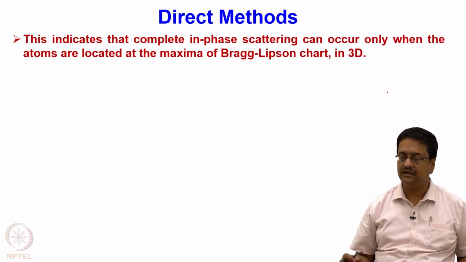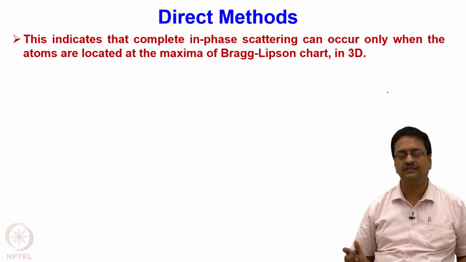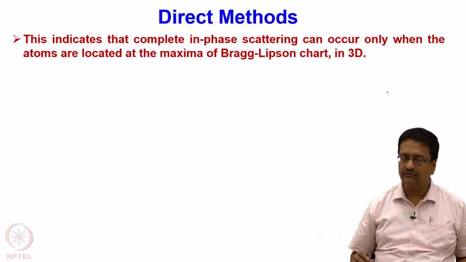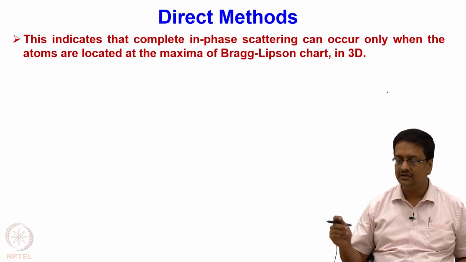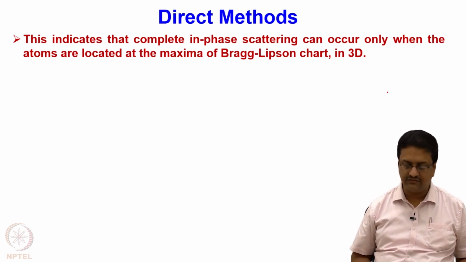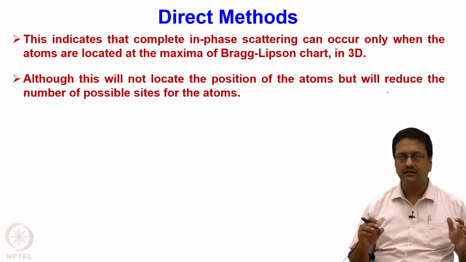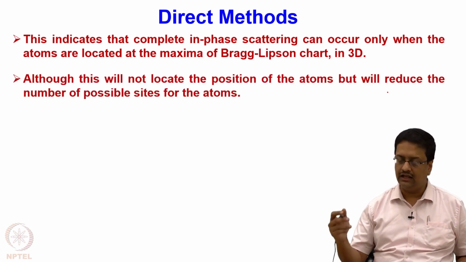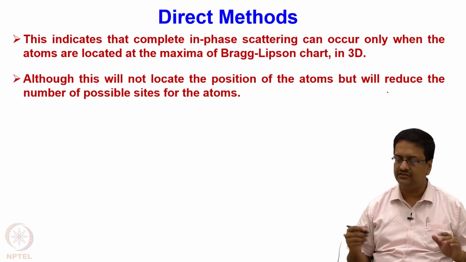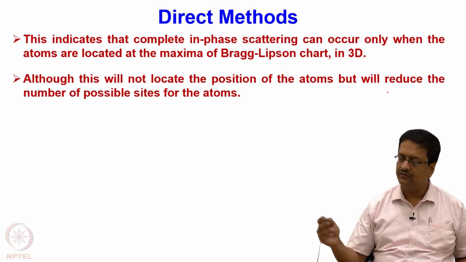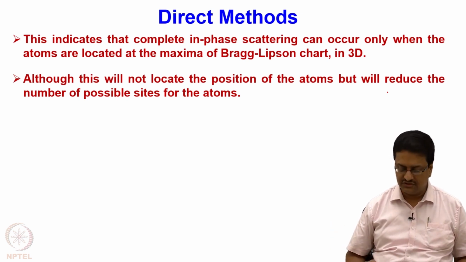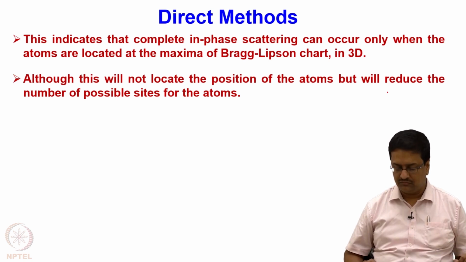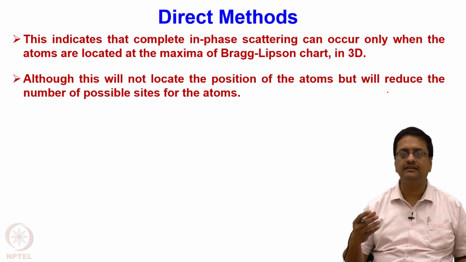So this indicates that the complete in-phase scattering can occur only when the atoms are located at the maxima of Bragg-Lipson chart in 3 dimension as well. Although this will not actually locate the positions, that is the coordinates of the atoms, it will reduce the number of possible positions or sites of those atoms, and we will be able to identify the more electron density regions in the unit cell.